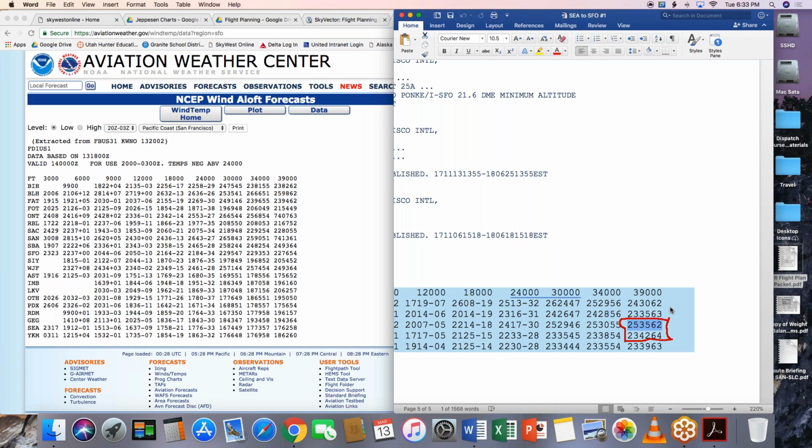So that's our first number, 270 degrees, right? We add a 1 in front of this, so that makes it 154 knots. And then a negative 52 degrees. Good? Glad you guys remembered that.